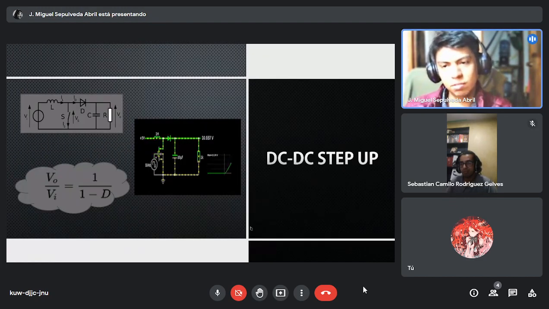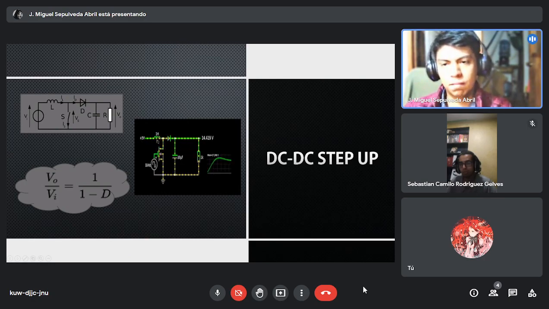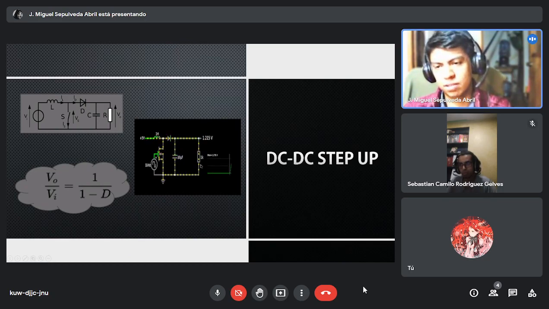So thanks to that, we can have converters. That's what we use for HVDC and power electronics. In DC-DC, we have a step-up converter regulated at some operation frequency, 1 kilohertz in this case. We have the circuit input voltage, 5 volts, and a 1 henry inductor here. We have a freewheeling diode, a transistor, a capacitor, and the load resistance. That might be any other thing, like a motor, but in this case it's a resistive load.